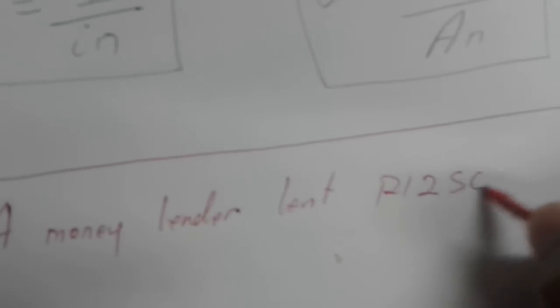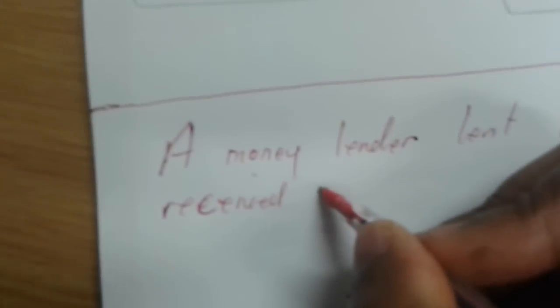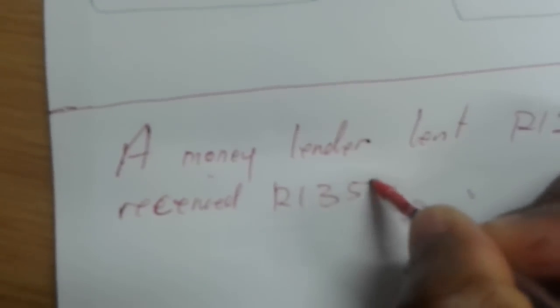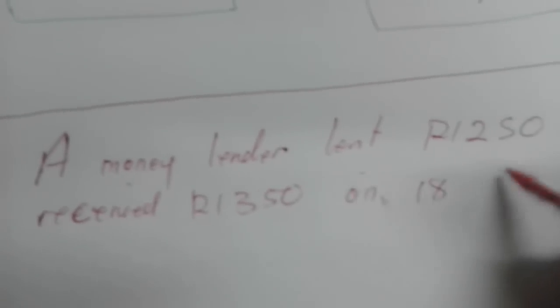So a money lender lent 1,250 on 16 January, and in settlement received 1,350 on 18 September of the same year, right? What annual rate of simple interest did he charge?